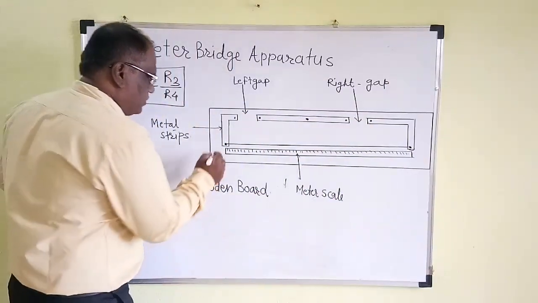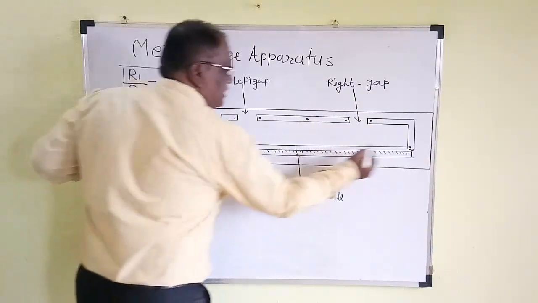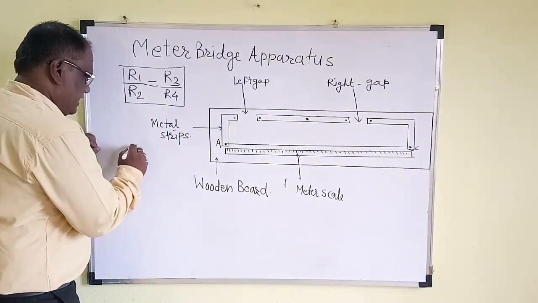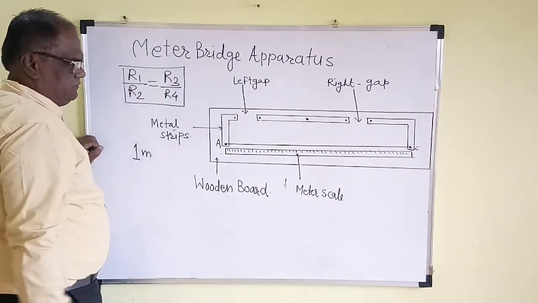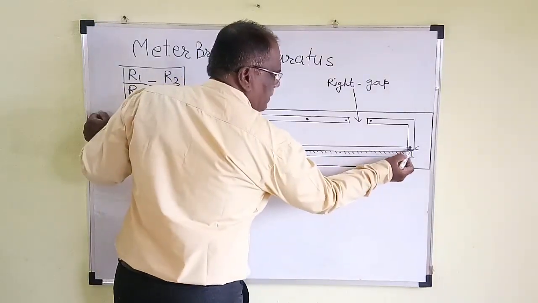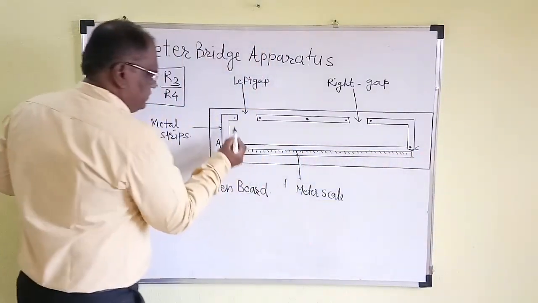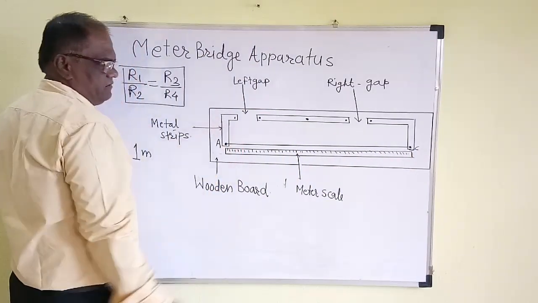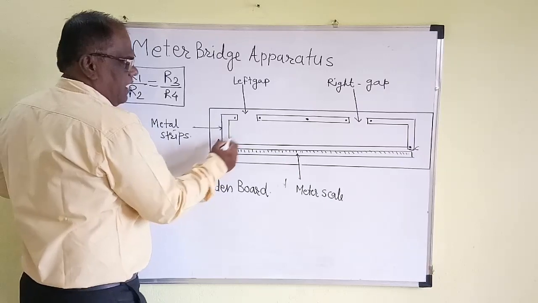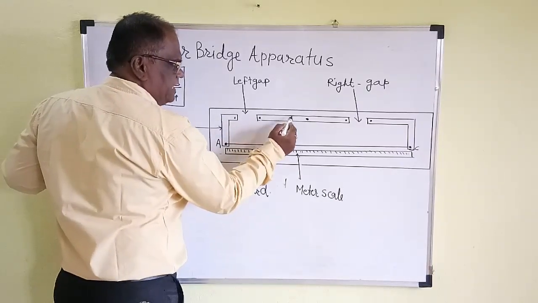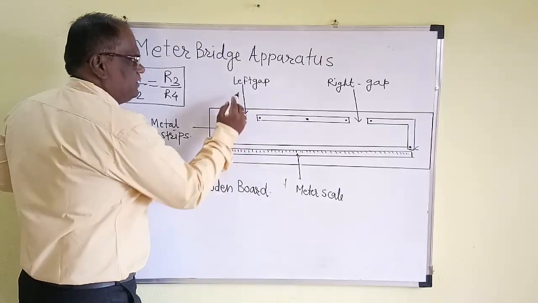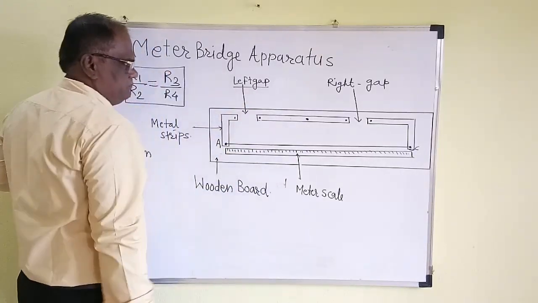On this wooden board, a thin uniform wire whose length is 1 meter is stretched between two metal strips which are bent at right angle. A third metal strip is placed on the wooden board in such a way that two gaps are formed.